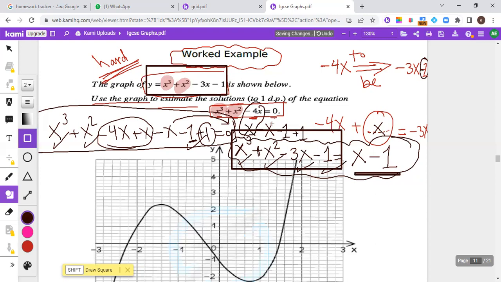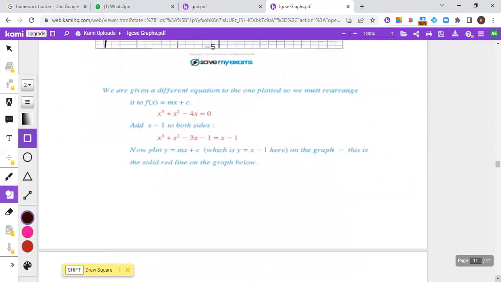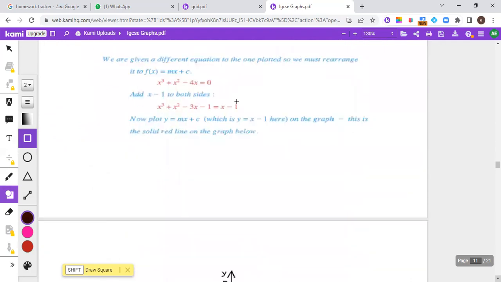Now when you draw x minus 1, you will find the solutions. Look here. Just tell me, x minus 1, how can we graph it?